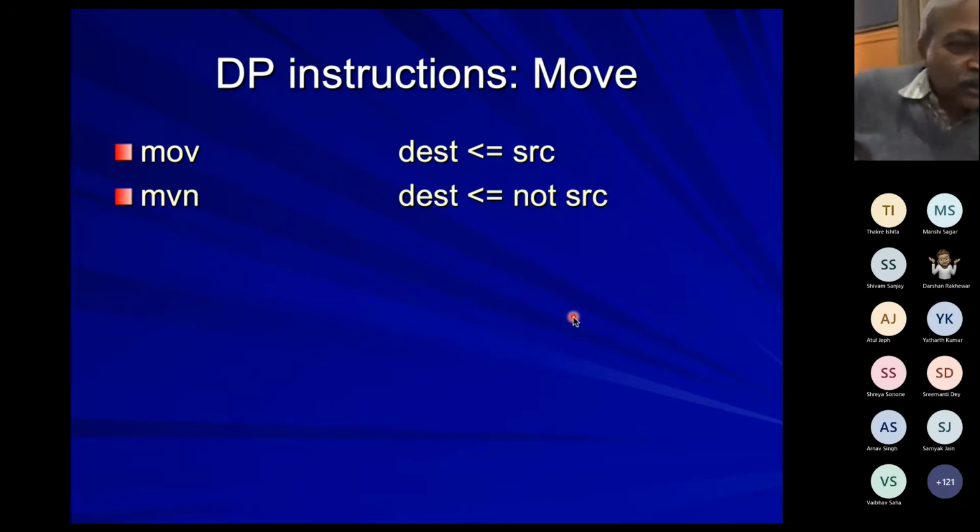There are two move instructions: move and move negated. Okay, MVN basically moves complement of the source to destination, bit by bit complement.